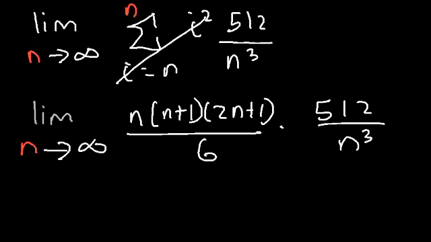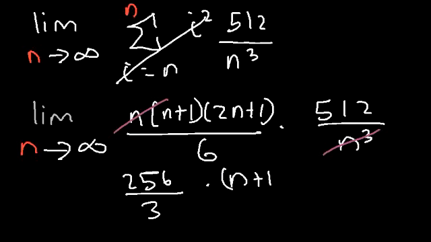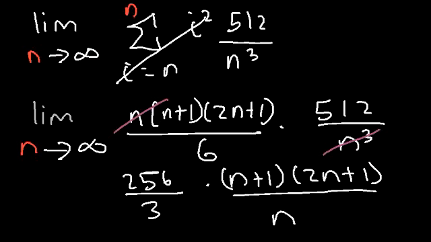If we divide 512 by 2, it's going to be 256. Half of 6 is 3. And we can cancel an n variable. So it's going to be times n plus 1 times 2n plus 1 over n squared.